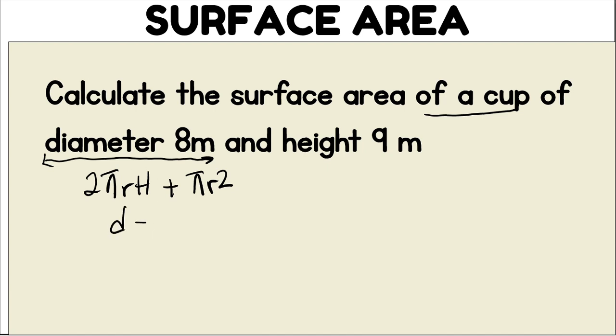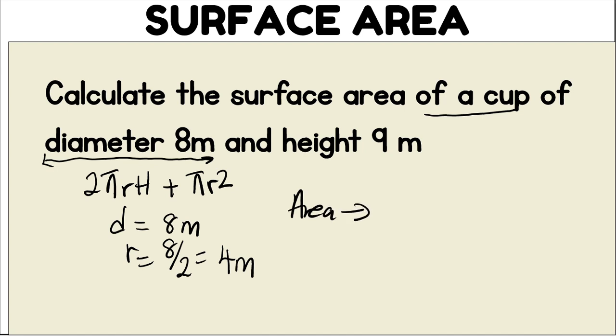So the diameter is 8 meters. Do you still remember how to change your diameter to radius? Yes, you divide by 2, which will be 4 meters. And another hint, remember you're solving area, so your answer must be in square units, that is in square meters.